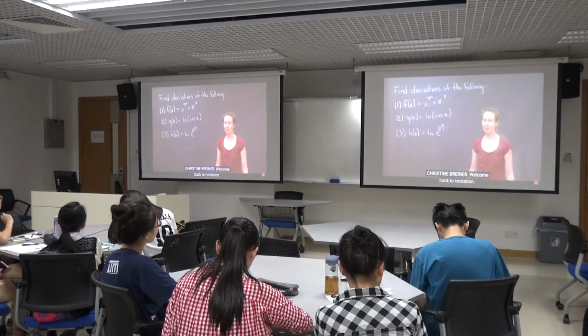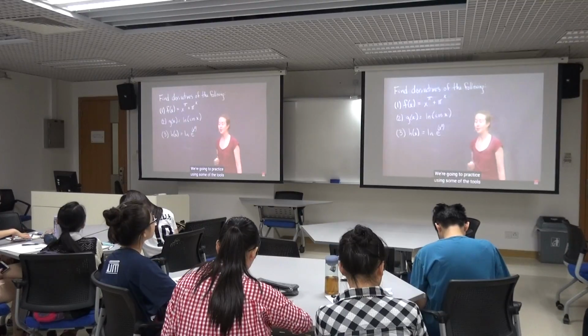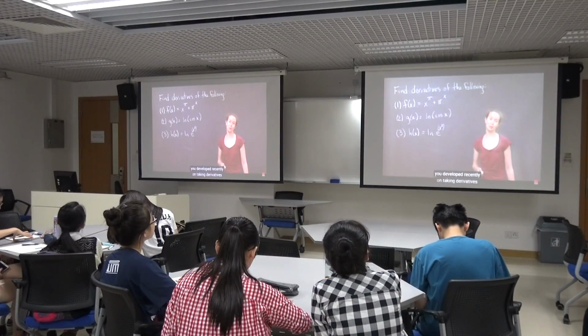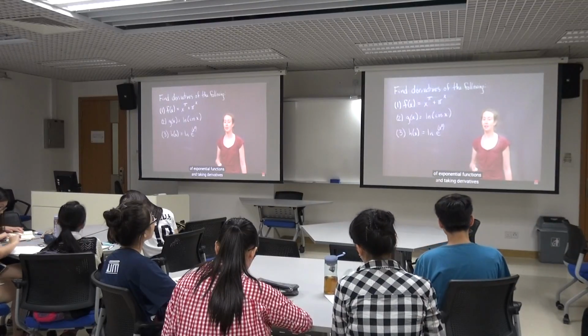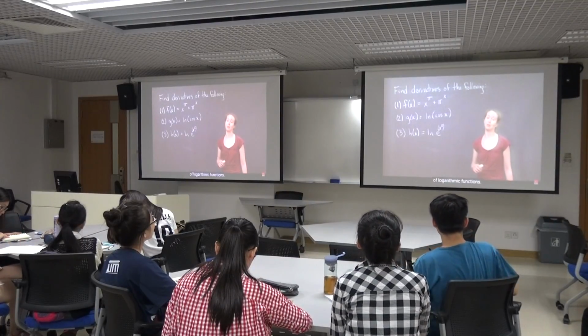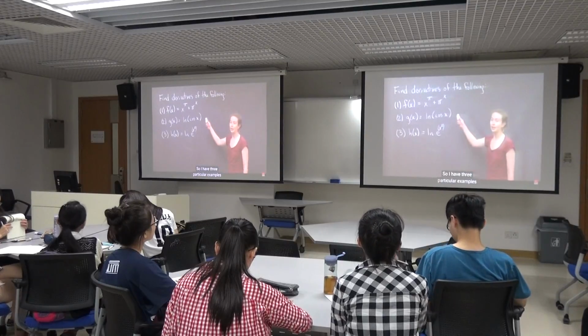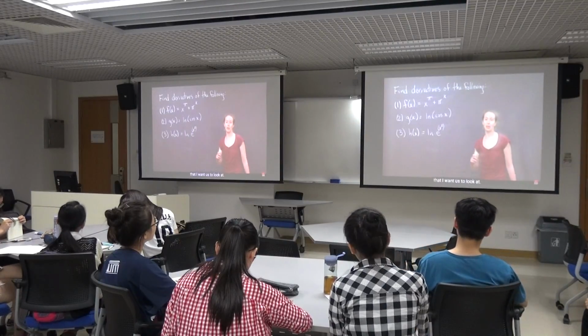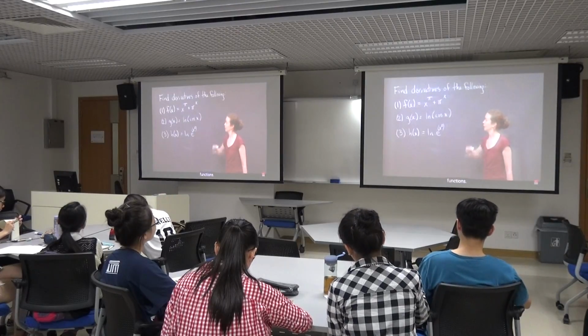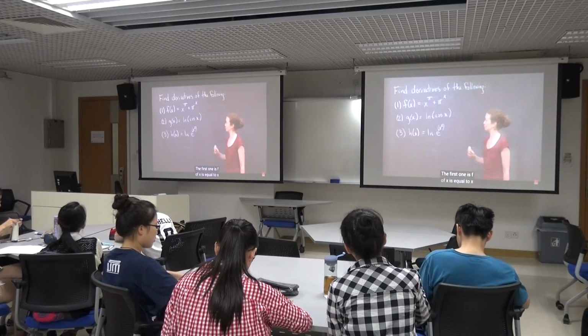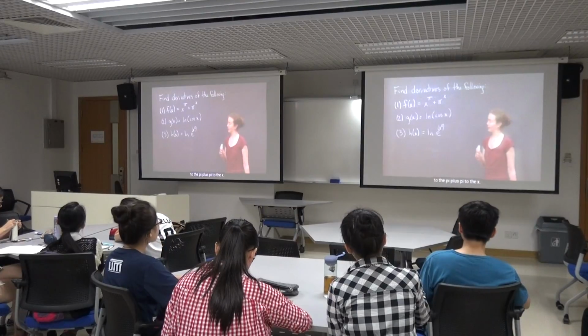Welcome back to recitation. We're going to practice using some of the tools you developed recently on taking derivatives of exponential functions and taking derivatives of logarithmic functions. So I have three particular examples that I want us to look at, and I'd like us to find derivatives of the following functions. The first one is f of x is equal to x to the pi plus pi to the x.